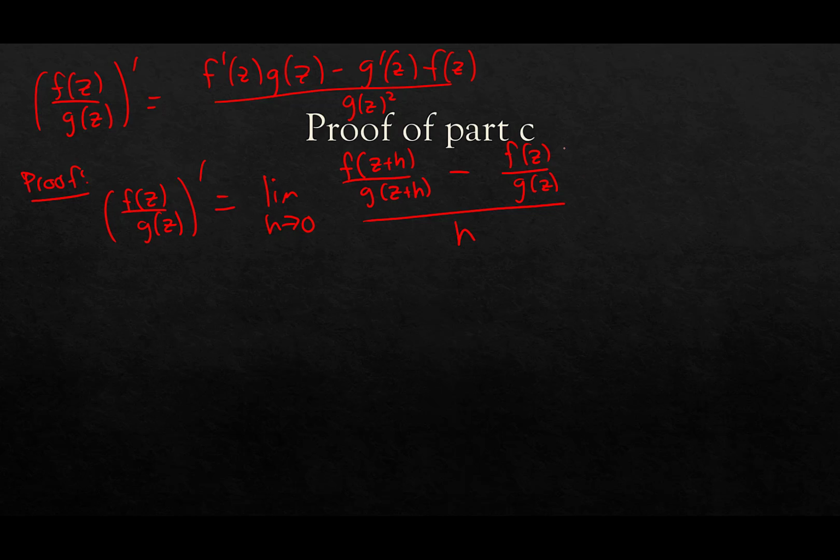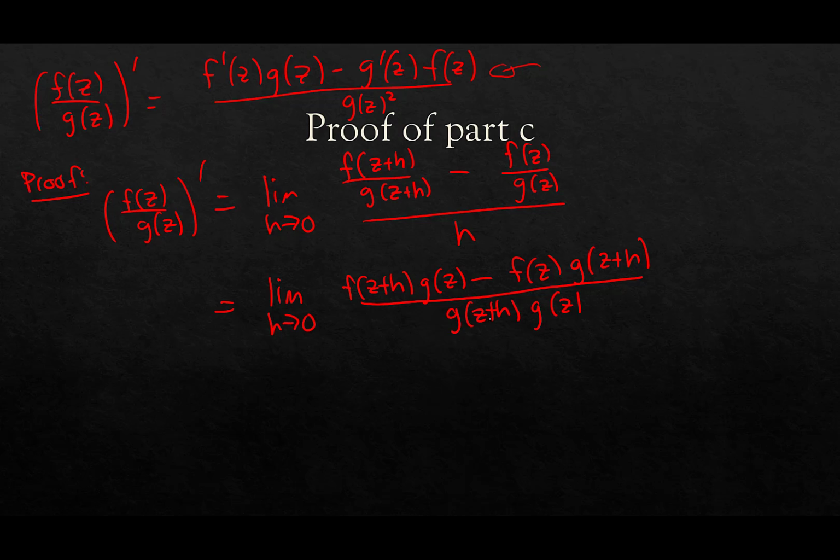Now after simplifying our numerator, subtracting these two fractions, we're going to get the limit as h approaches 0 of f of z plus h times g of z, minus f of z times g of z plus h. And you can sort of see the top part of our quotient rule formula appearing here, divided by g of z plus h times g of z, all divided by h.